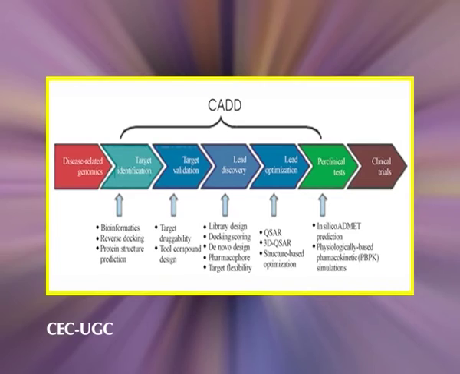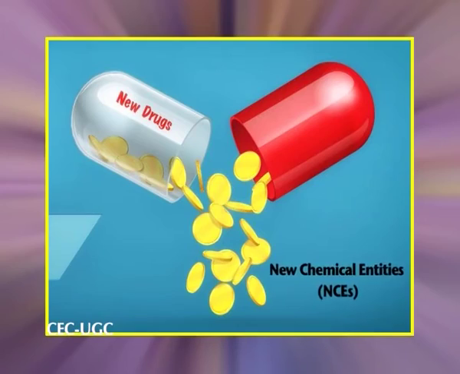It was identified that out of billions of molecules synthesized, around 1 or 2 molecules reach the clinical trials. This produces a hurdle in the discovery of new chemical entities, that is NCEs, for the treatment of various diseases by the traditional drug discovery process.